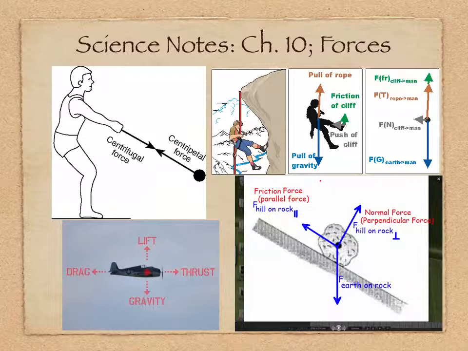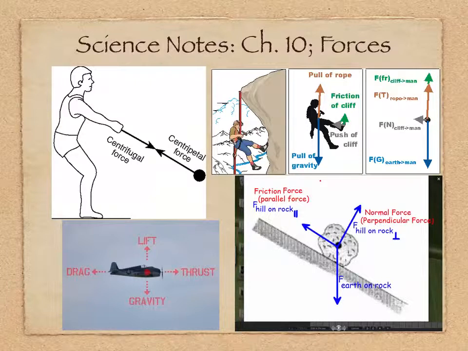There's the force of lift that we'll be learning about at the end of chapter 10 that is pushing up on the airplane wing stronger than the force of gravity pulling down. That's why the airplane rises. And the thrust from the propeller pulling against the molecules of air, and the drag or friction created by those molecules of air pushing against the airplane.